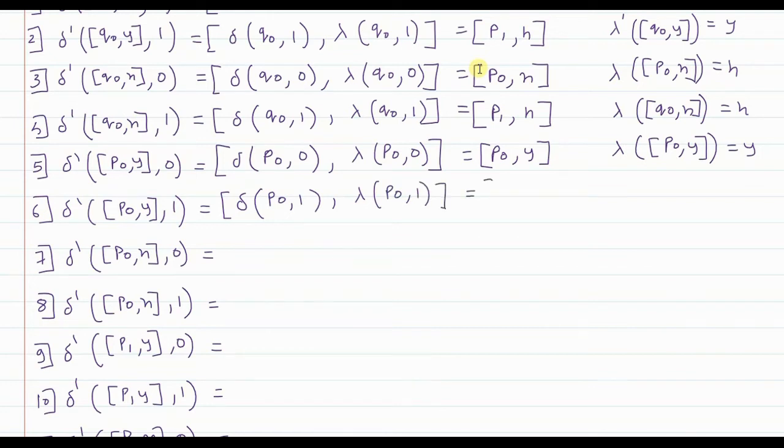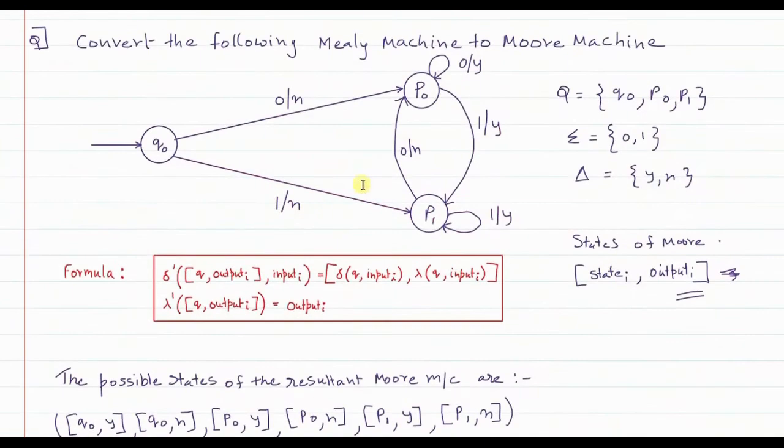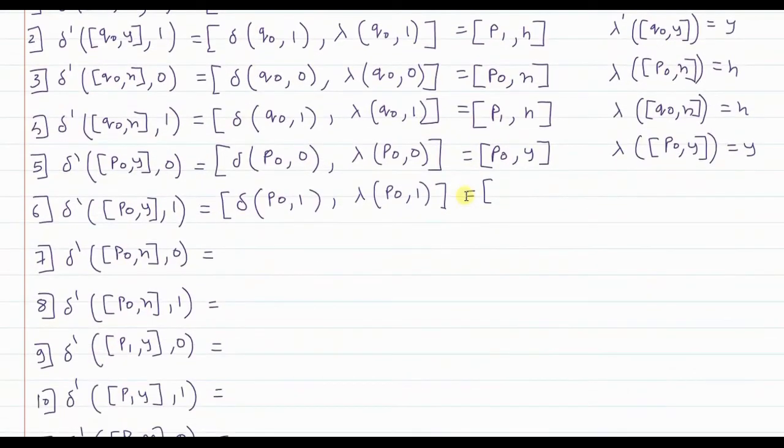Then on a similar basis we write here the state P0 comma input 1 comma λ of the state P0 comma input 1. Then you just see the diagram and check what is the transition of state P0 on 1. P0 on reading 1 goes to P1 and the output is y.